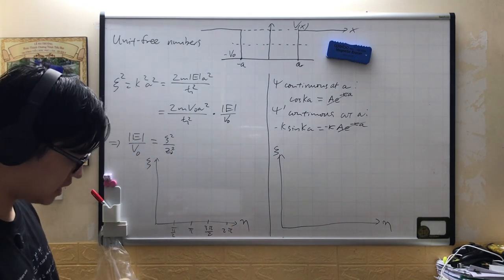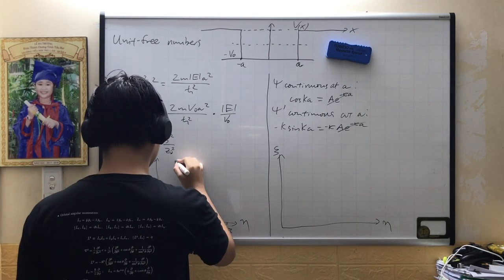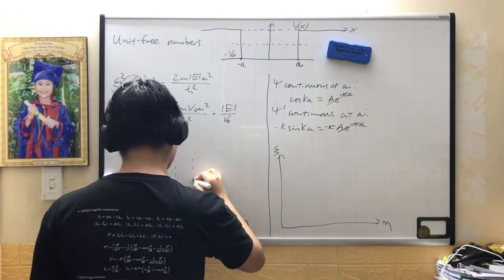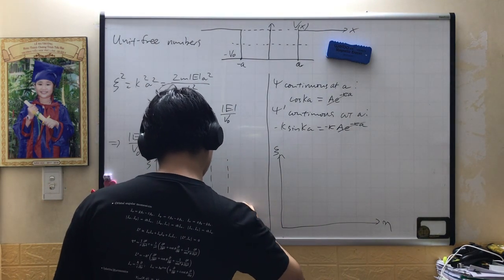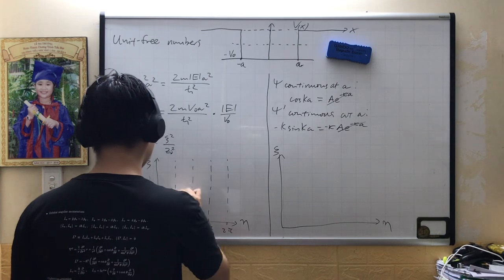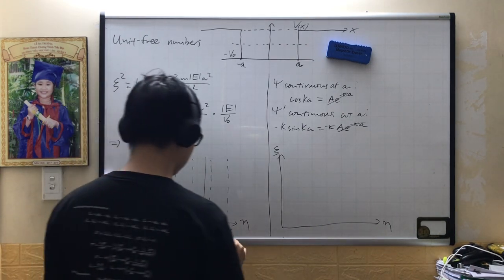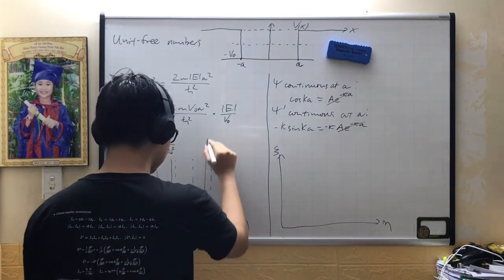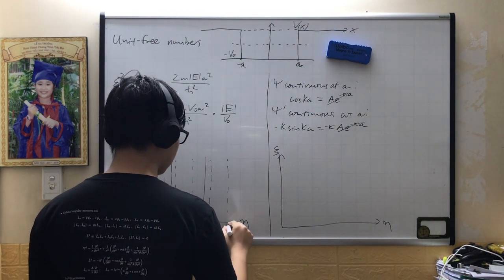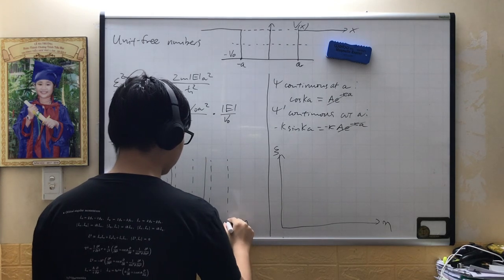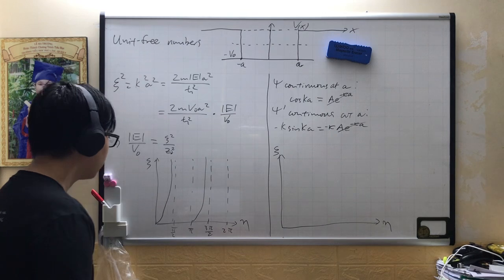With the even tangent, it's going to start from here to here. It would kiss this line right here, the pi over 2, the 3 pi over 2, and the 5 pi over 2 here if I draw this, but I'm not going to.